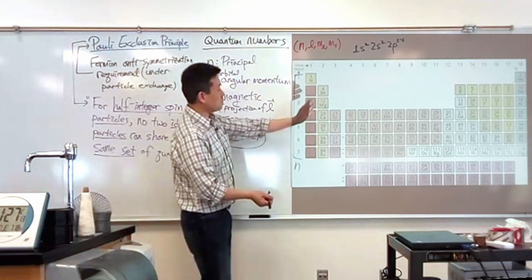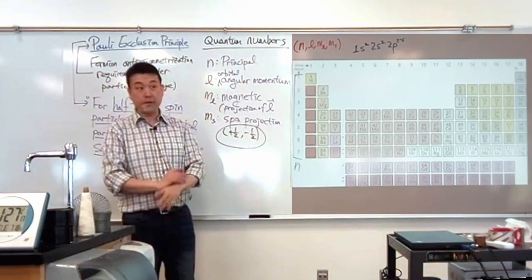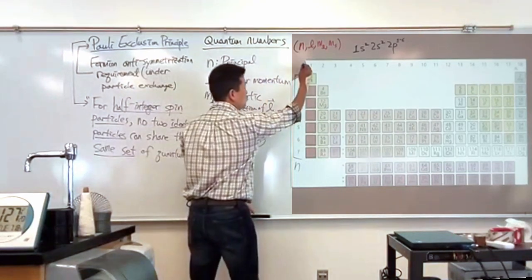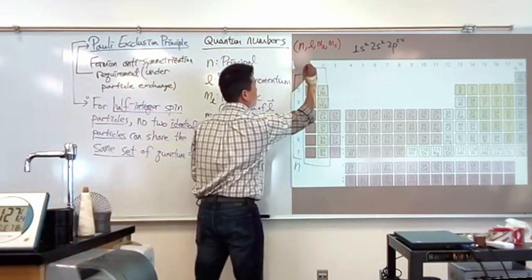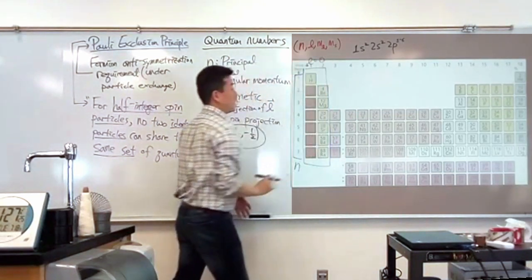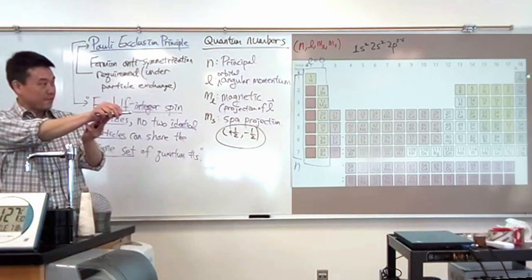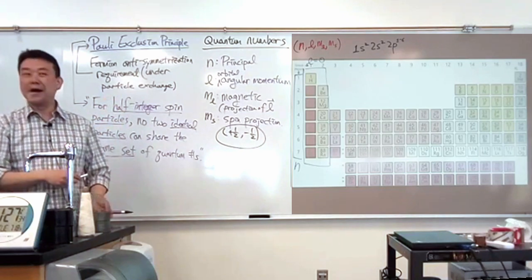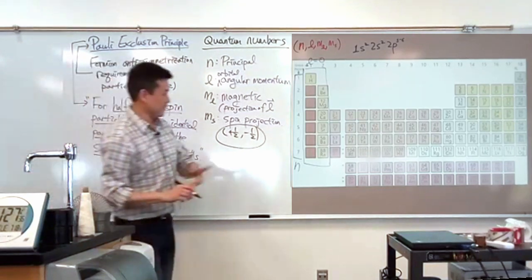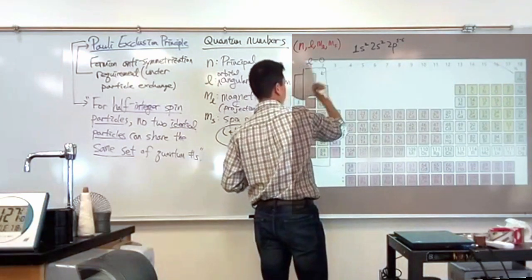And the columns correspond to different orbital angular momentum states. So the first 2 columns correspond to the orbital angular momentum L equals 0 state, with the exception of helium, which really ought to be here, but blame the chemists. If we want that to work out right, helium has to fit in here.